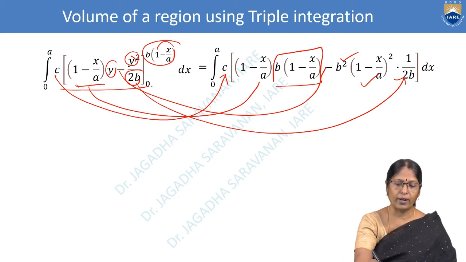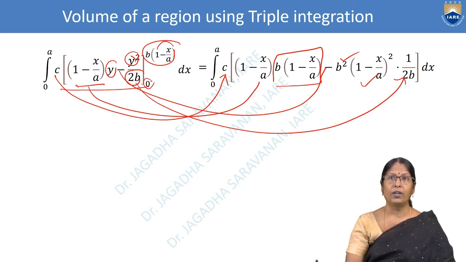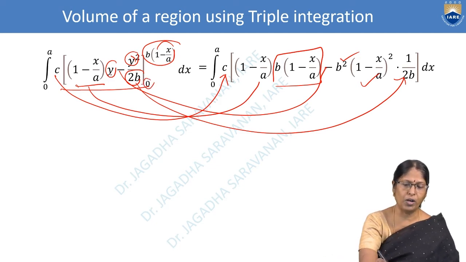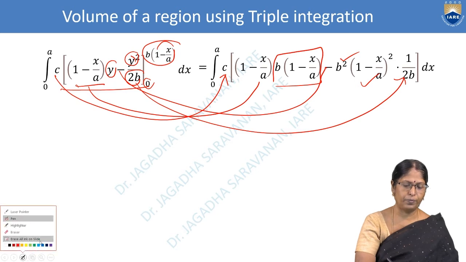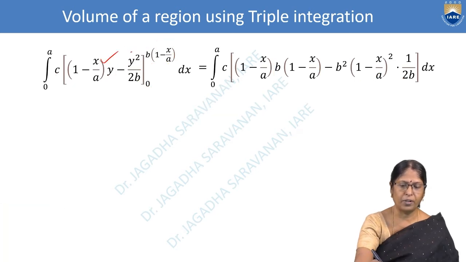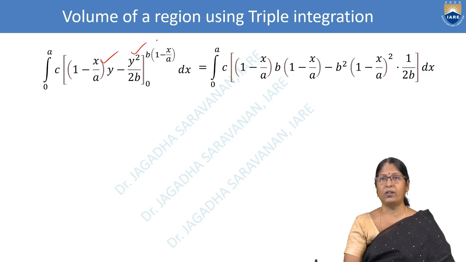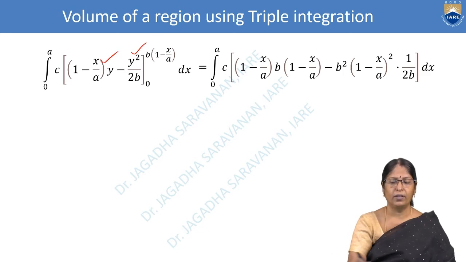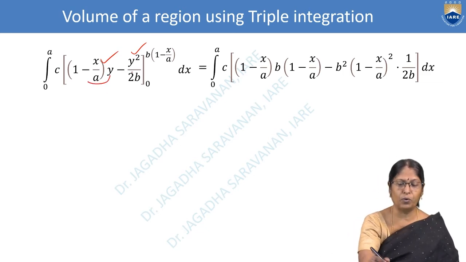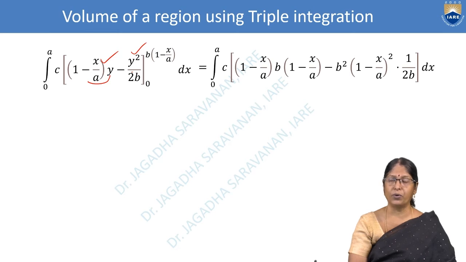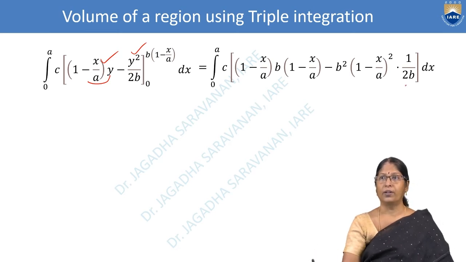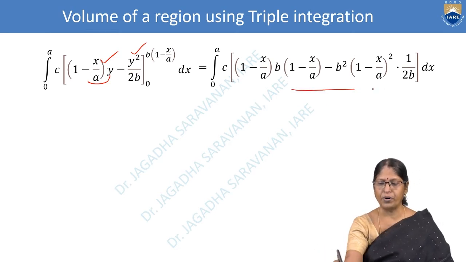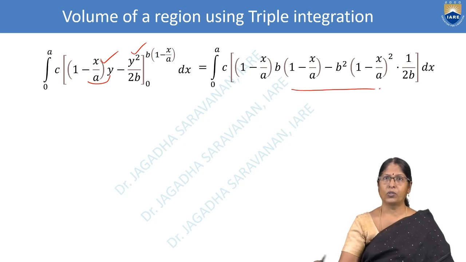Anyway, the lower limit is 0. In both terms, y is there, so 0 into anything is 0, and that is why it is not written. So we completed the middle integration with respect to y also.